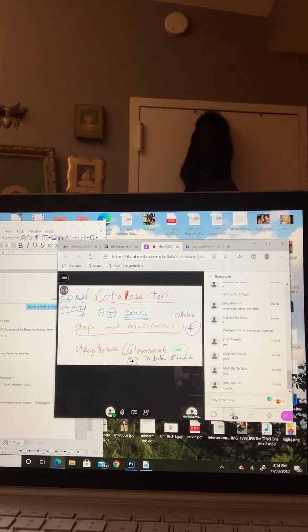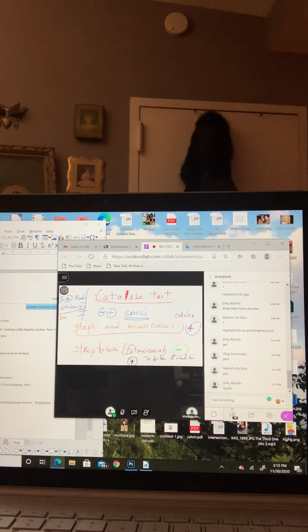So it's important in this second period of your biochemical tests, okay? Because from your slide from the gram staining, if you get a rod and the catalase is positive, it's like Bacillus subtilis, that is a rod, yeah.